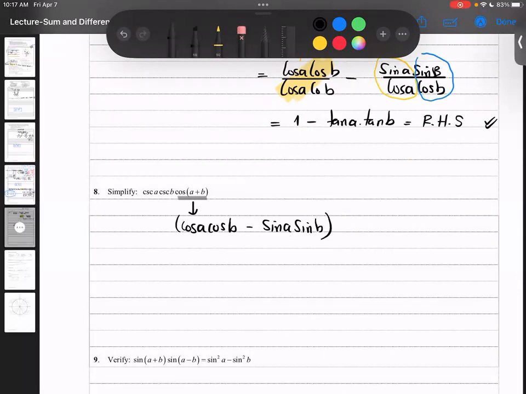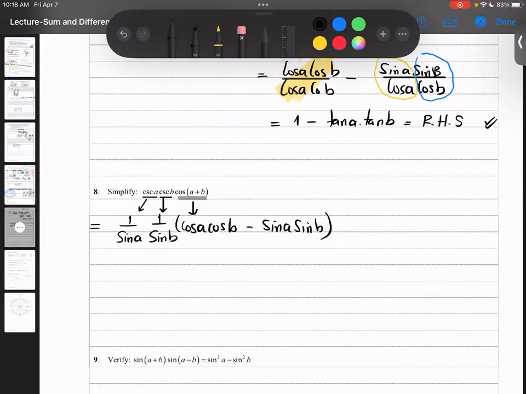So the first two terms, I need to change into cosine or sine, right? And it's cosecant, so it's going to be sine. So that one changes to 1 over sine A, and this one changes to 1 over sine B. What should I do next?